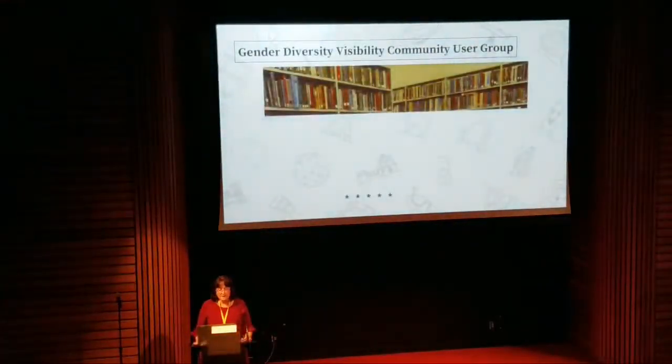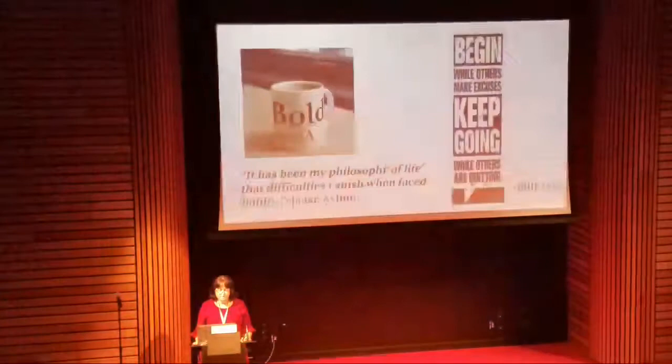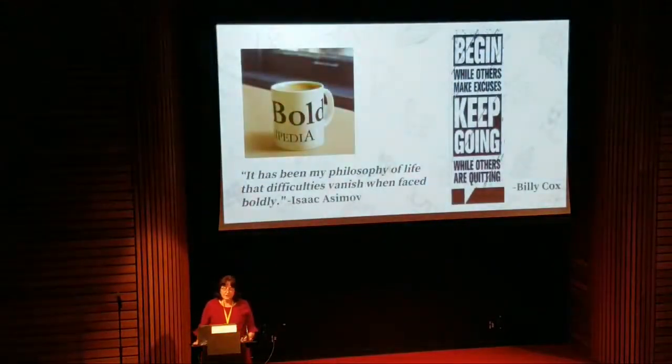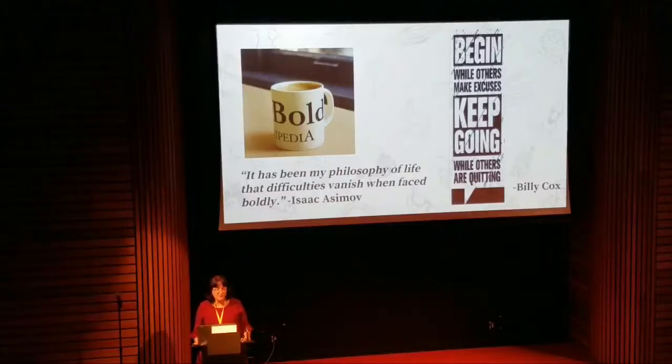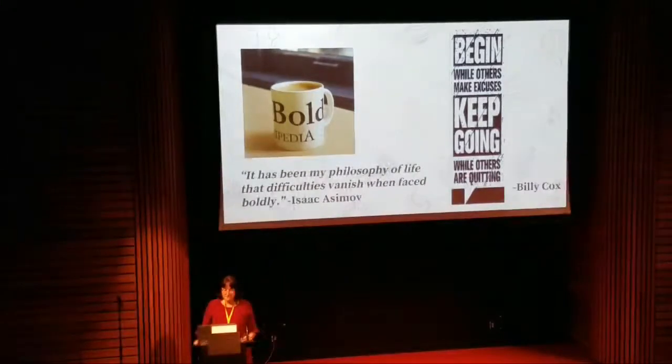Our number one challenge is locating and accessing reliable sources. In order to turn the challenge into an opportunity, the Gender Diversity Visibility User Group came up with a bold idea. We want to establish an electronic lending library for our members so that no matter where you live, you can have access to a source that we have in our e-library.